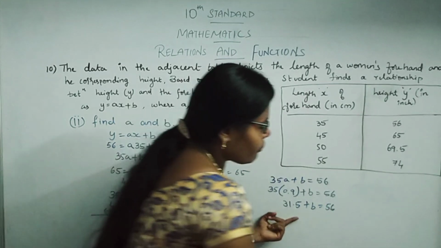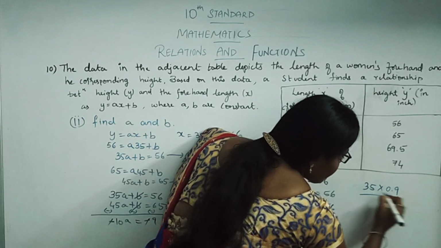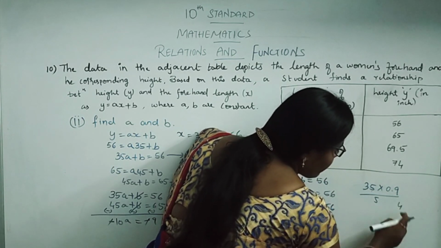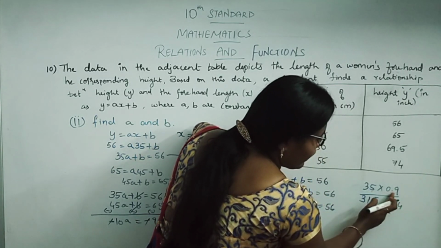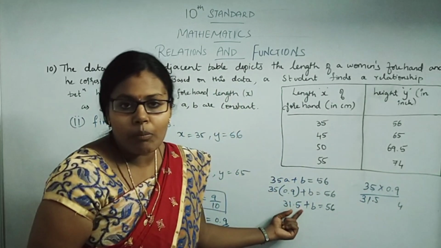If you have doubt, check here. 35 into 0.9: 5 into 9 is 45, and 9 into 3 is 27, 28, 29, 30, 31. After one digit you keep the point, which becomes 31.5.